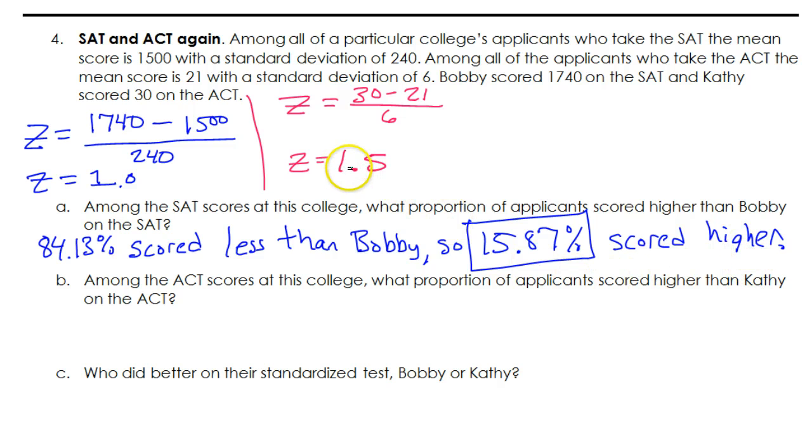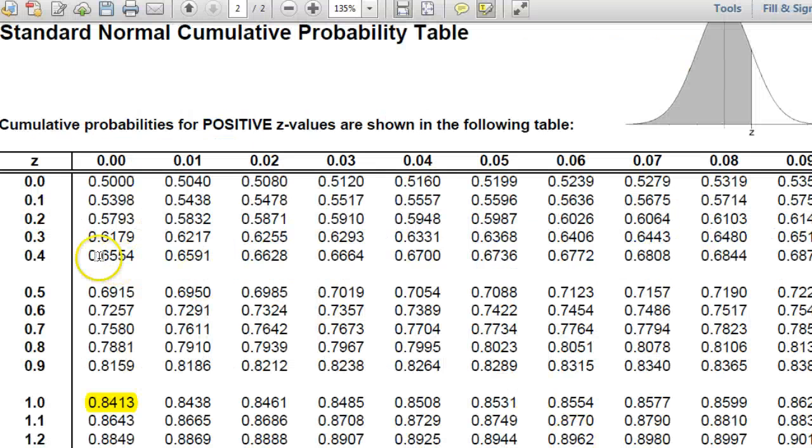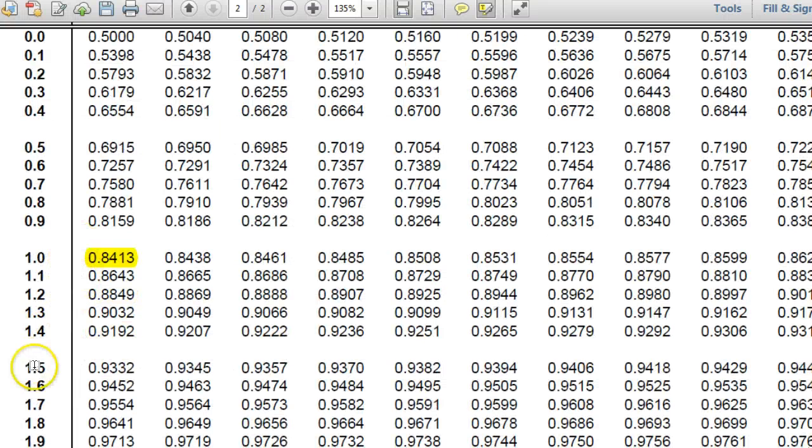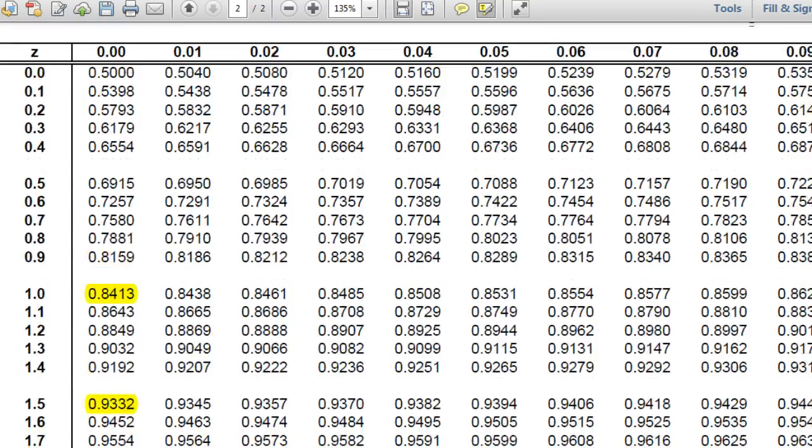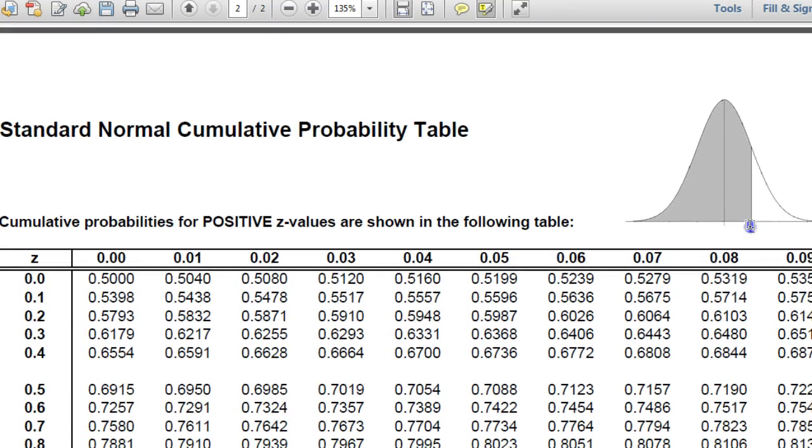Well, let's turn 1.5 z-score into a percentage. Let's find it on the table of values. Okay, so here's 1.5. So that means we need to look at this number right here. Now remember, this number reflects the percentage of applicants who scored below Kathy.